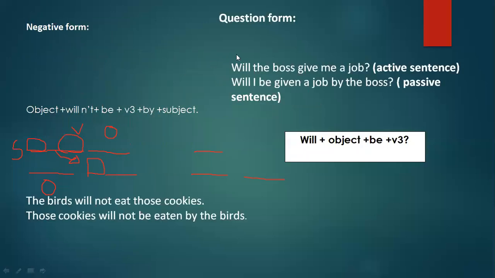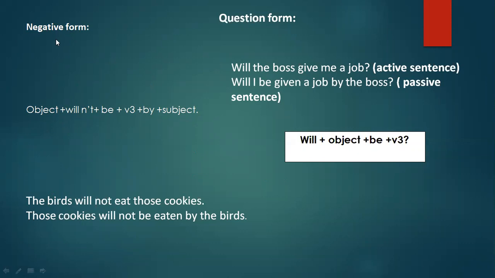Let's move to the negative form of the future will. Here at first, as we said, we put the object, then we put will, as in the affirmative sentence. In the negative form we should add not.